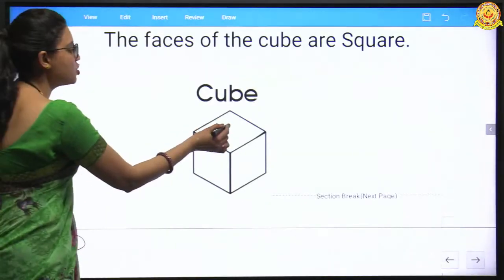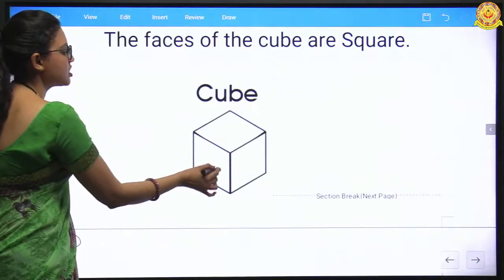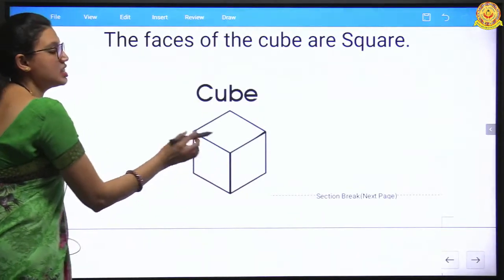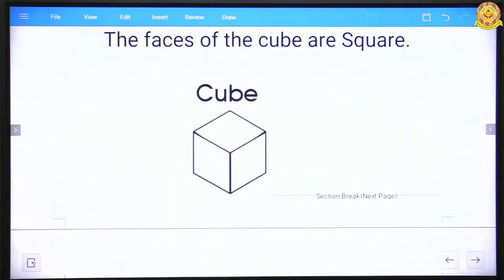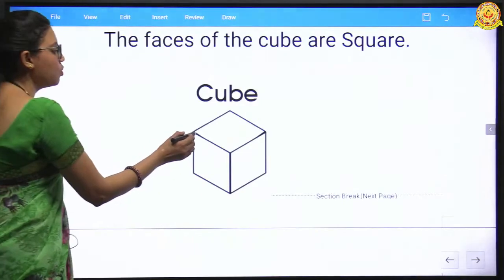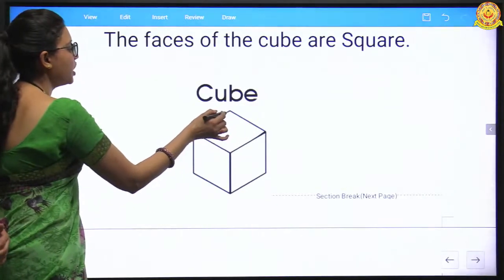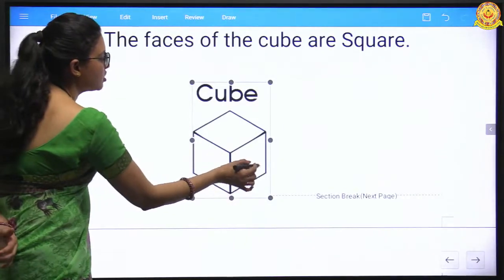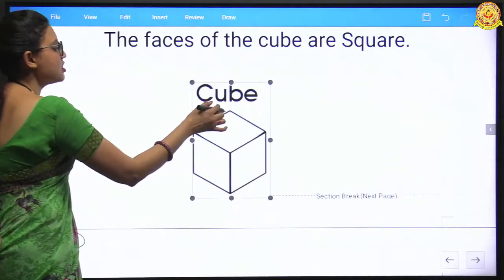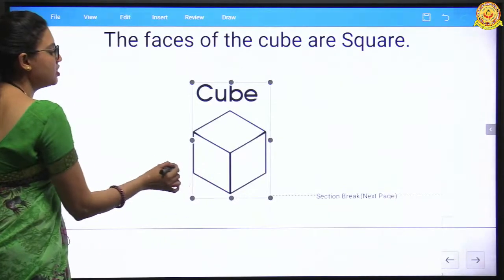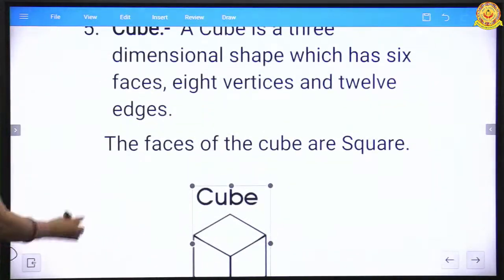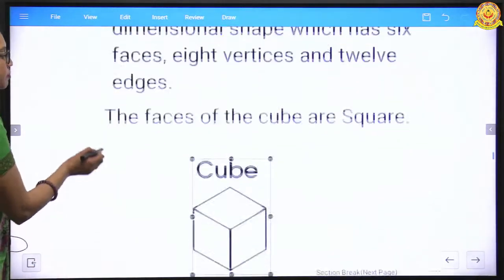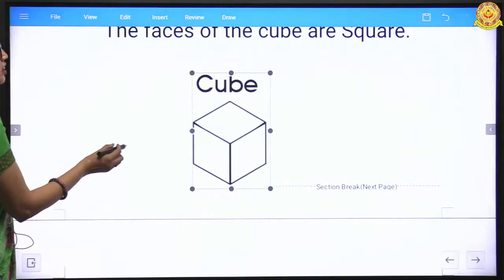This is its shape, its face. It has 6 faces and 12 edges. 1, 2, 3, 4, 5, 6, 7, 8, 9, similar 10, 11 and 12. It has 8 vertices and 12 edges, and it looks like a square.